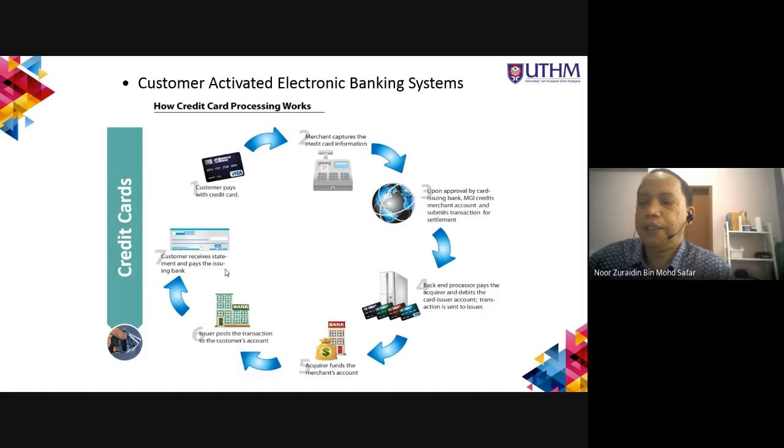So at the end, the customer will receive a statement at the end of the month or end of the financial calendar. The difference between credit card and debit card is here, at step number 5 and step number 6. For debit, they just record the statement and automatically reduce the amount in your saving account.